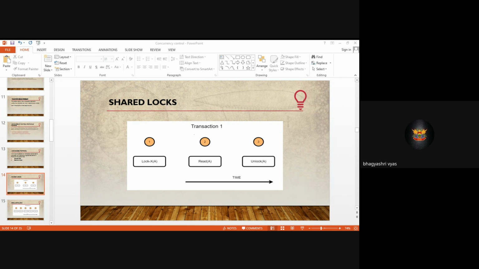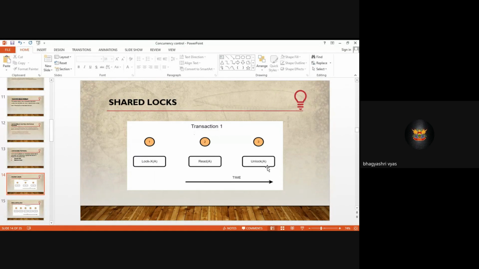Like you can see in this example, there will be a lock we have put on transaction A. Then if somebody is reading, then we are doing the unlocking.